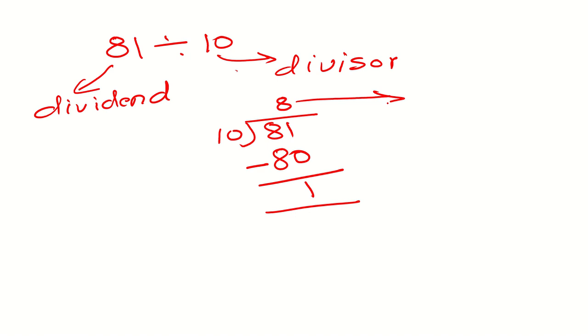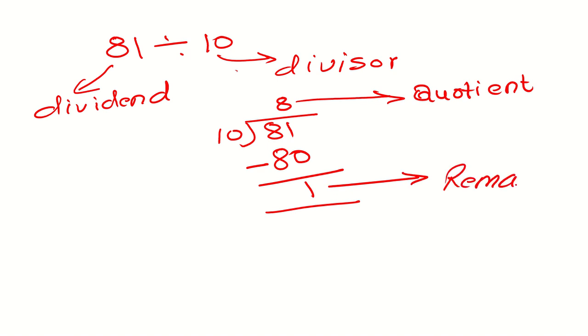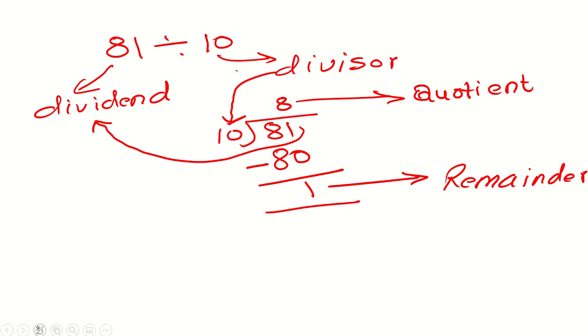So this 8 is called the quotient, and this 1 is called the remainder. Basically, the quotient is the answer you get after division. And I have told you 10 is the divisor and 81 is the dividend. Remember this, it will help you in many of the next questions.